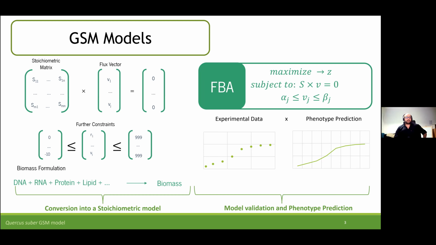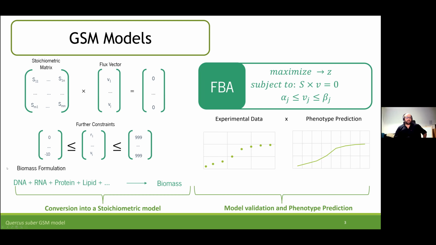So we can say that the product of this matrix with the flux vector will be equal to 0. We have also to include other constraints like thermodynamic constraints, in which we have to determine if one reaction is reversible or not. So if the reaction can take place in just one direction or both directions.